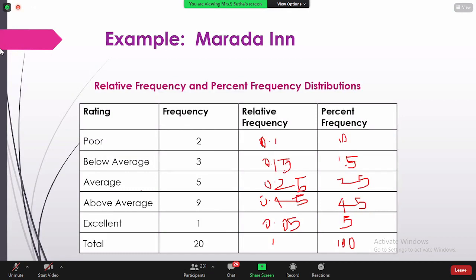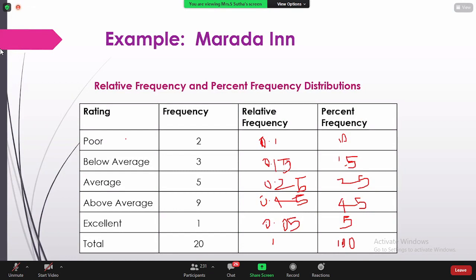So in this case, there are 5 non-overlapping classes. What are the 5 non-overlapping classes for this example? Answer it. Unmute your mic and answer it.